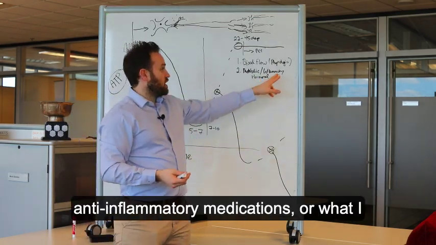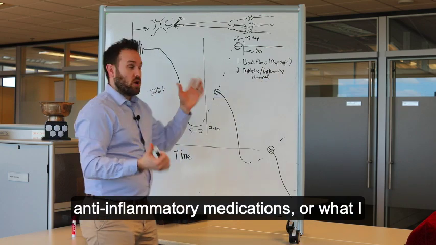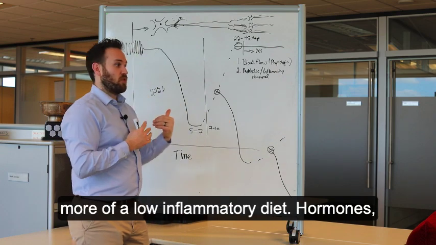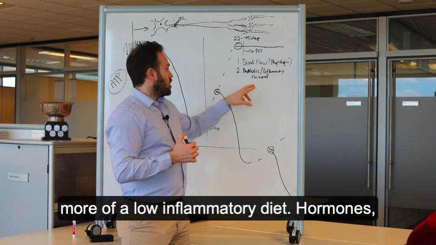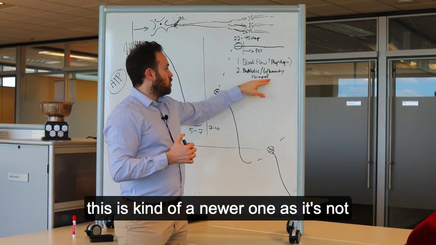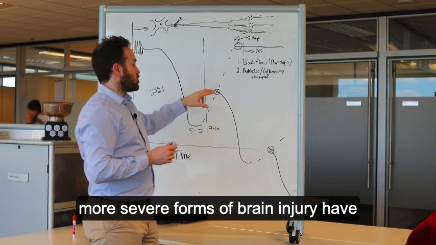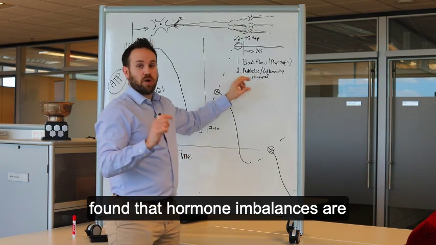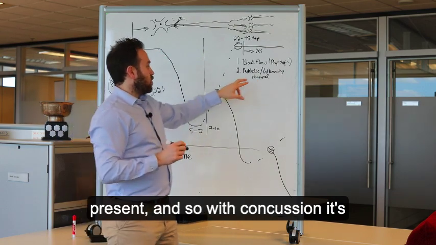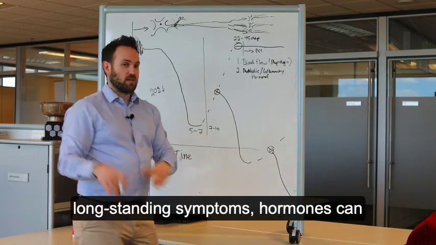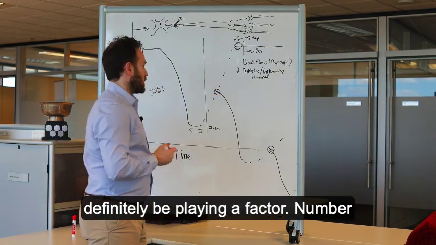This can be affected either with anti-inflammatory medications or, what I prefer to use, dietary interventions, trying to go on a bit more of a low inflammatory diet. Hormones are a newer one, as it's not been studied that much in concussion, but more severe forms of brain injury have found that hormone imbalances are present. So with concussion, particularly those with really long-standing symptoms, hormones can definitely be playing a factor.